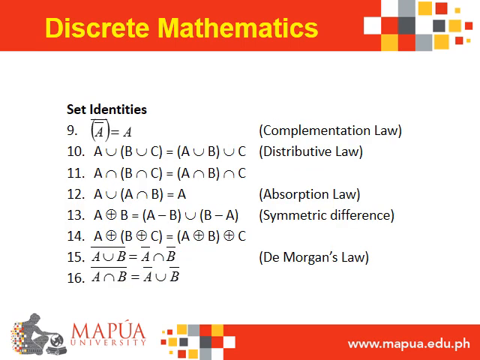Number 9 is called the double complementation law. Numbers 10 and 11 are referred to as your distributive law. Number 12, your absorption law. Numbers 13 and 14, your symmetric difference. And numbers 15 and 16 represent what you call De Morgan's law.